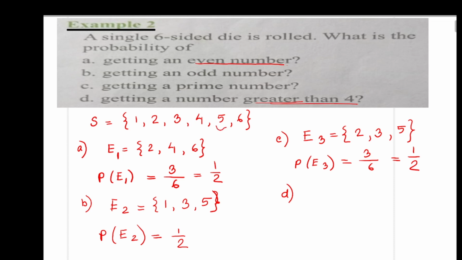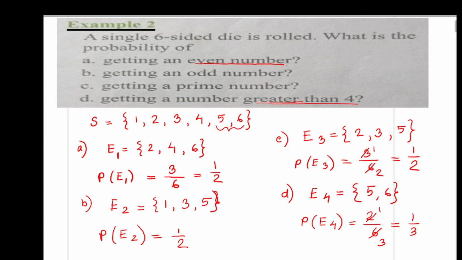How many numbers are greater than 4? Only 5 and 6. So E4 is the numbers greater than 4, which are 5, 6. So the probability of getting greater than 4 is equal to 2 by 6. That means it will be 1 by 3. So 2 ones are 2, 2 threes are 6. Here also 3 ones are 3, 3 twos are 6.